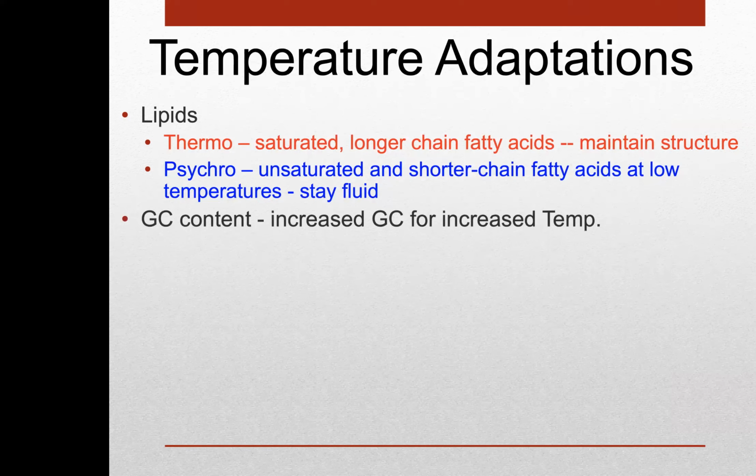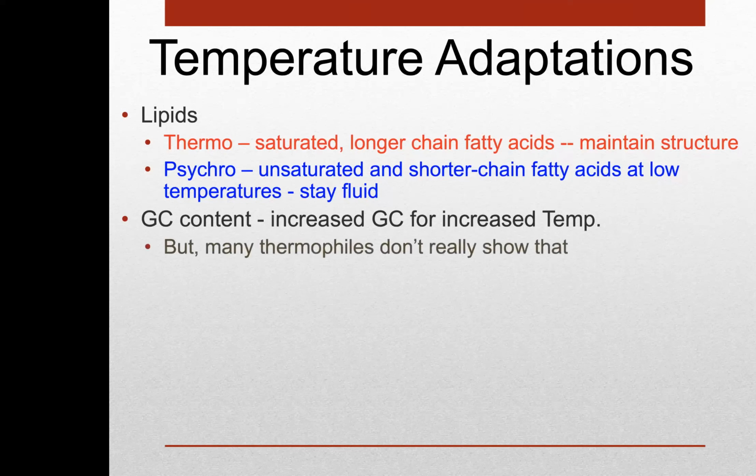Another thing that has been associated with this, and it makes a lot of sense in theory, but may not be as important as it seems, is that the GC content, if you increase it, can increase the stability of DNA in thermophiles, okay?